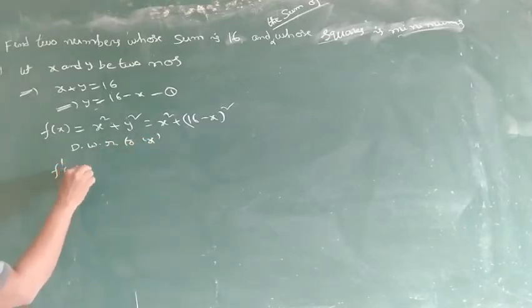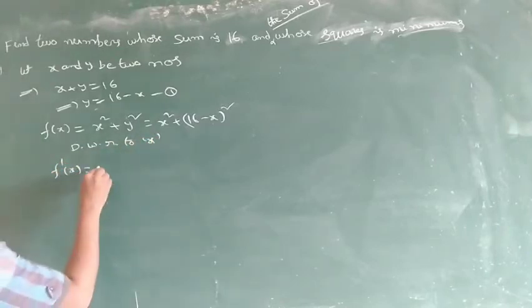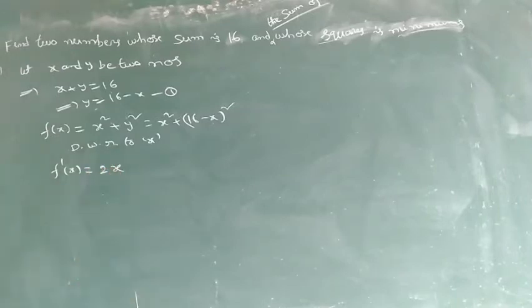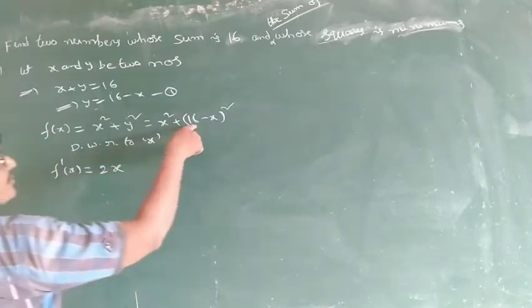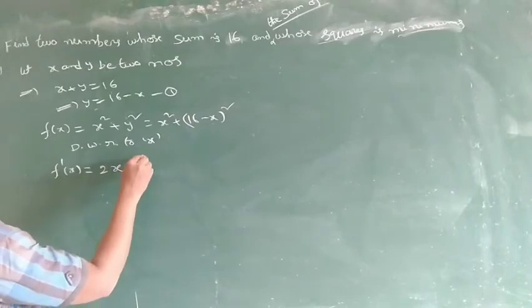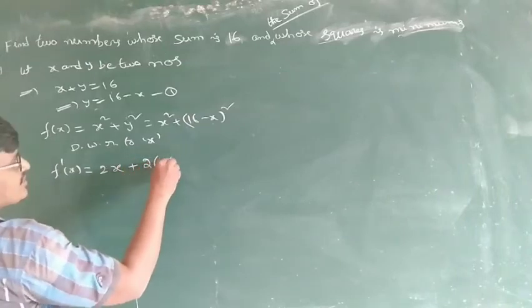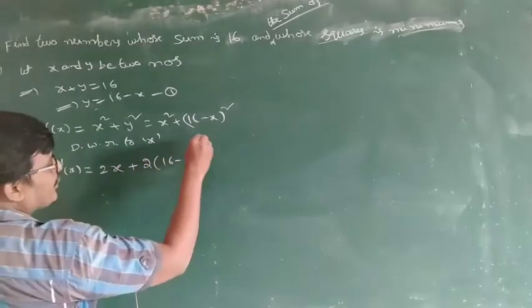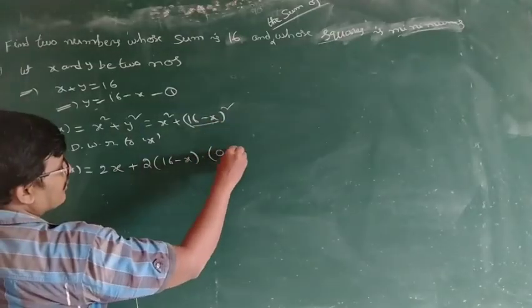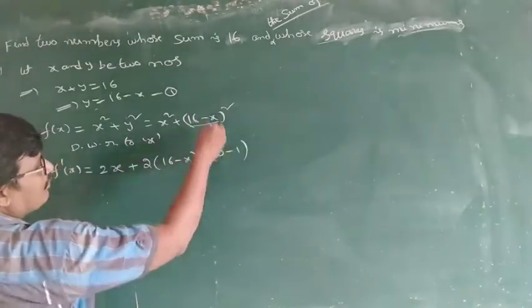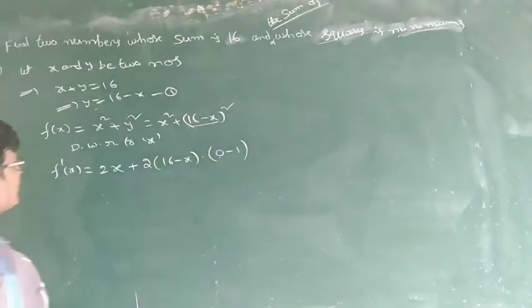f dash of x is equal to x square derivative 2x, plus (16 minus x) whole square, derivative 2 into (16 minus x) into derivative of 16 minus x. 16 derivative 0, x derivative 1, so 0 minus 1.